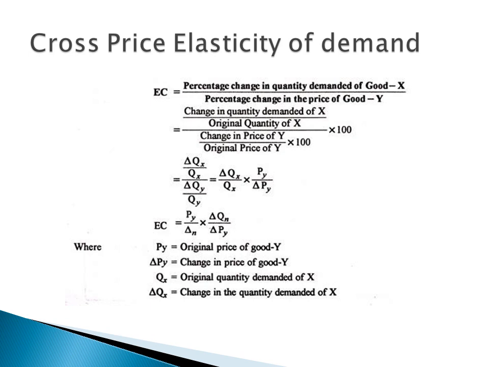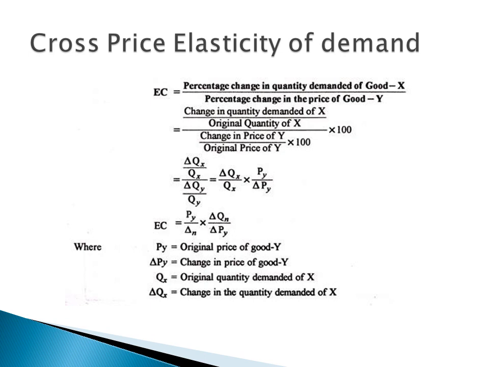Now, using the percentage formula, we have the percentage change in quantity demanded of good X over percentage change in the price of good Y. By implication, we have the change in quantity demanded of X over original quantity of X, everything over change in the price of Y over original price of Y. Still the same formula for percentage method that we used in price elasticity of demand.